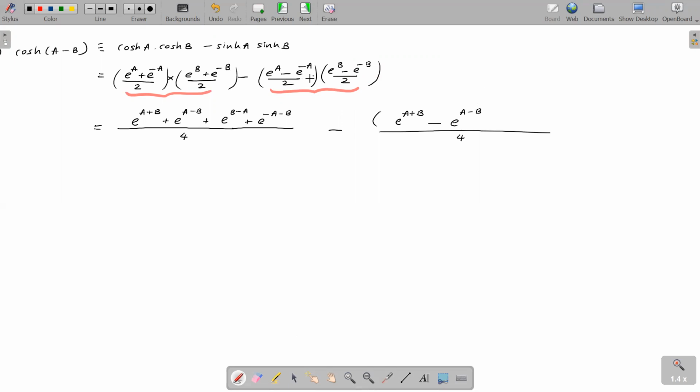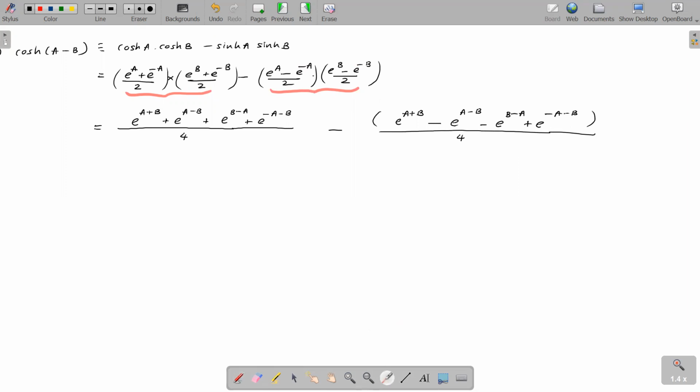The next one, you multiply minus e^(-A) with e^B, so in the end it's a negative e^(B-A). I hope you guys are following me, right? And the last one, minus e^(-A) with minus e^(-B): minus into minus is a plus, e^(-A-B). All right, guys, I hope you understood how I expanded the bracket.